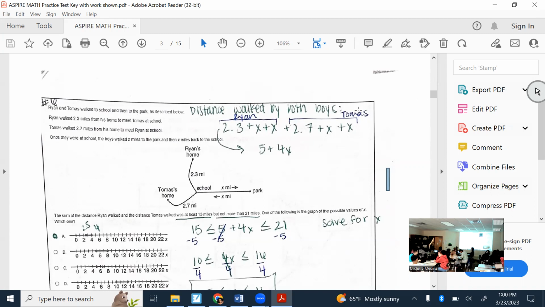It is not 3x. 4x is correct. Yes, and I have it written right here. X plus X plus X plus X. So everyone see how this is the distance Ryan walked and then Tomas walked, and then they wanted you to add them together. That's what sum means. That's what we just did.